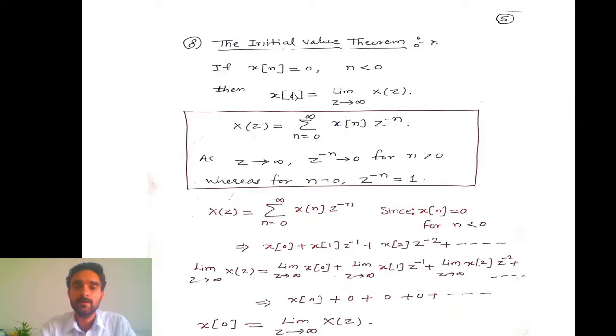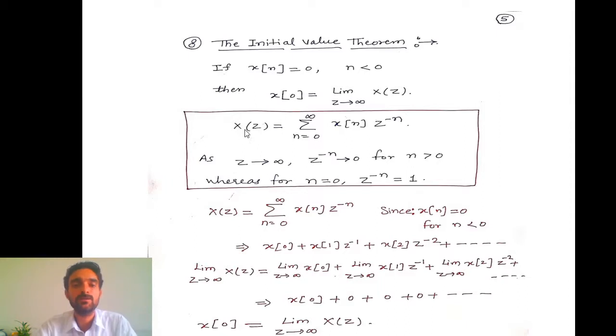Means if for a causal sequence x of 0 is finite, then X of z is also finite as z tends to infinity. Okay, means if X of z is given to you, and you have to calculate the initial value of that X of z, then put the value of z equal to infinity, and the final value will be x of 0.